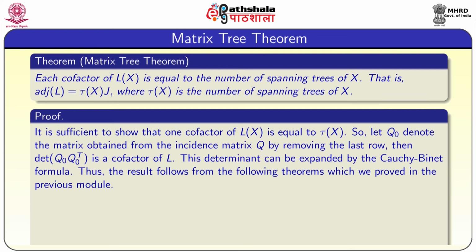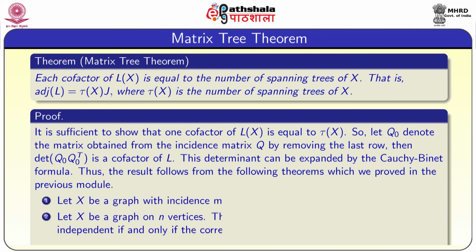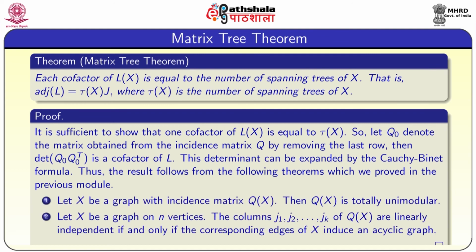Thus, the result follows from the following theorems which were proved in the previous module. Let X be a graph with incidence matrix Q of X; then Q of X is totally unimodular. Let X be a graph on n vertices; the columns j1, j2 and so on up to jk of Q of X are linearly independent if and only if the corresponding edges of X induce an acyclic graph.